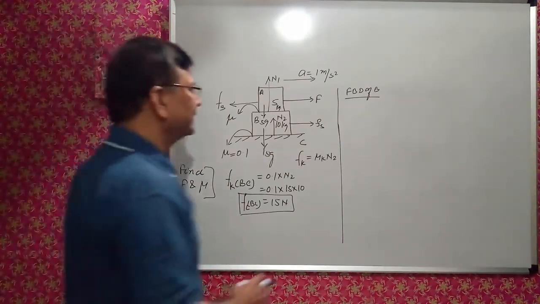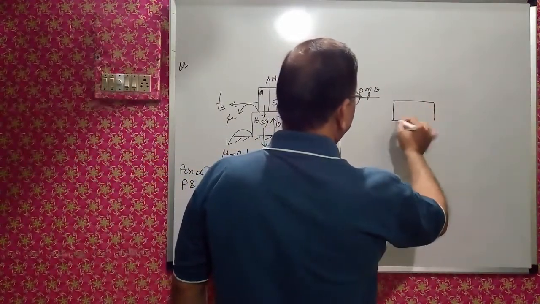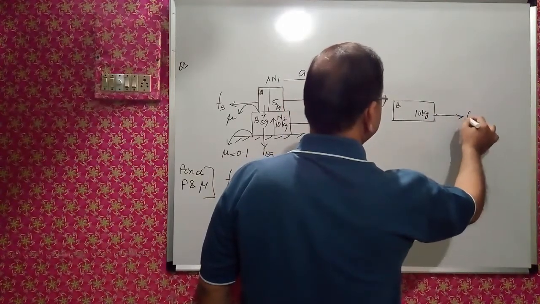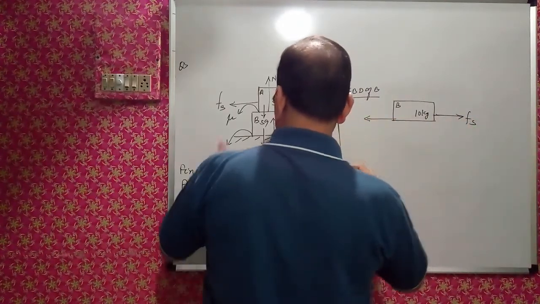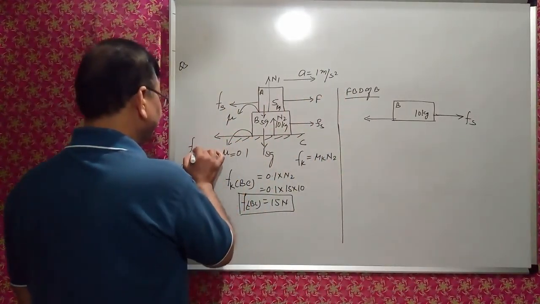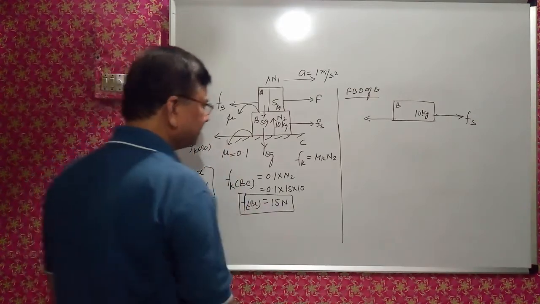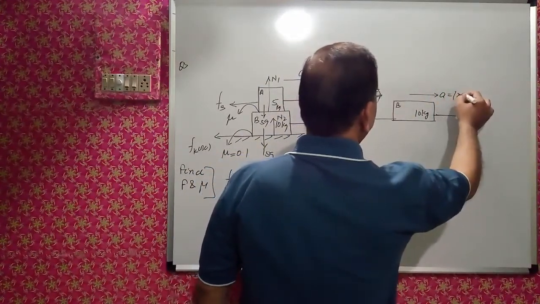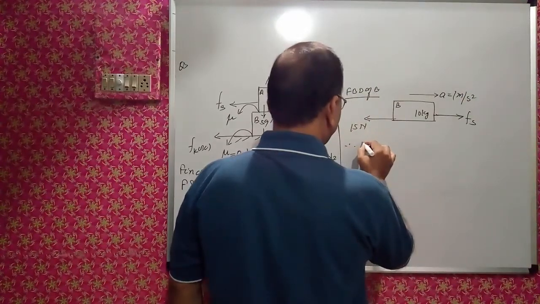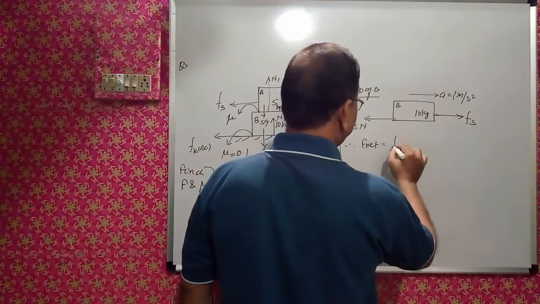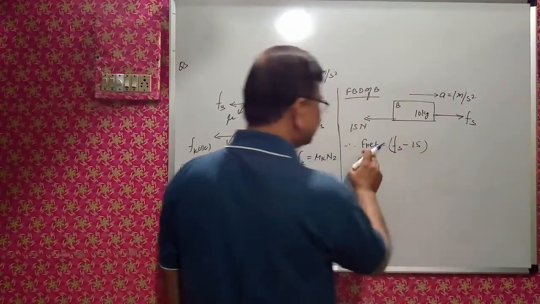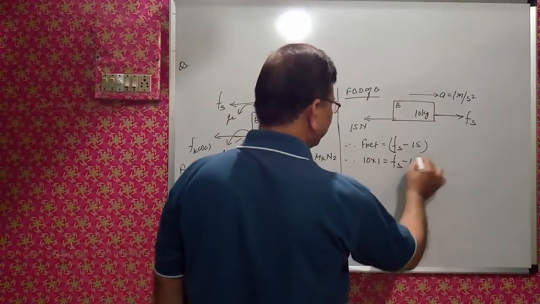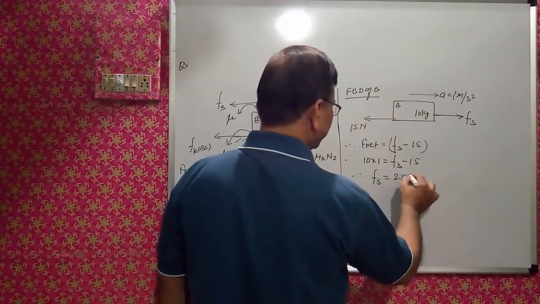Only frictional force acting on this, that is, ये है B, 10 kg है, इधर लगा Fs, इधर लग गया कितना, इधर लगेगा FKBC, and FKBC is 15 न्यूटन, सो 15 न्यूटन इधर लग गया, इसमें एक्सेलरेशन कितना आ गया 1 मीटर पर सेकेंड स्क्वायर। देयरफॉर F net is equal to Fs minus 15, and this is creating the acceleration, therefore 10 into 1 is equal to Fs minus 15, therefore Fs is equal to 25 Newton.